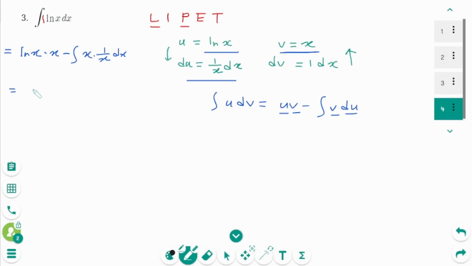Then we can rewrite as x ln x minus the integral of cancelled 1 dx. The final answer is x ln x minus x plus c. Tabular method cannot be used here because u is not a polynomial.